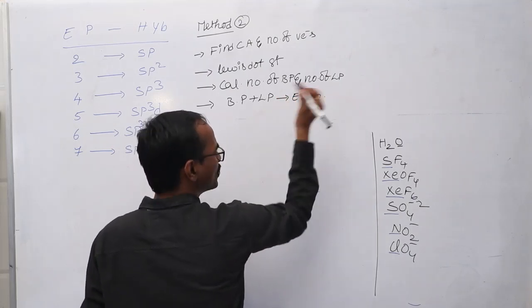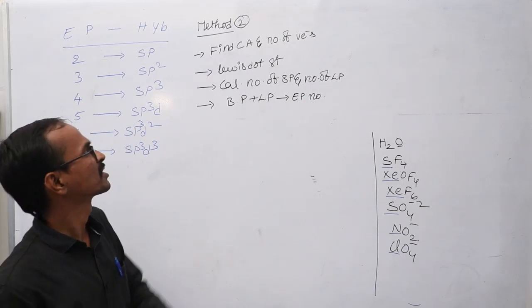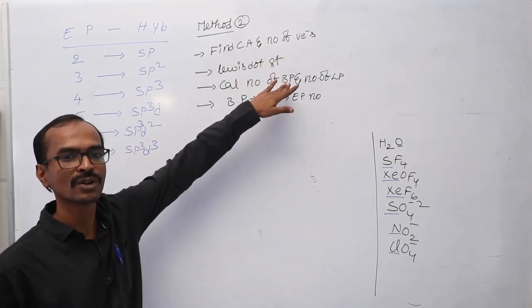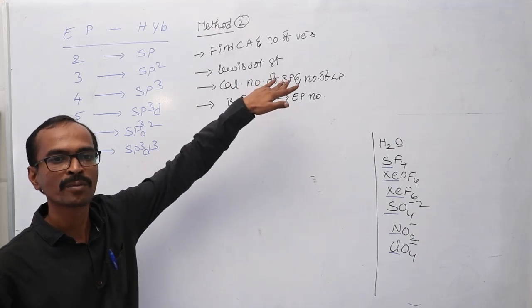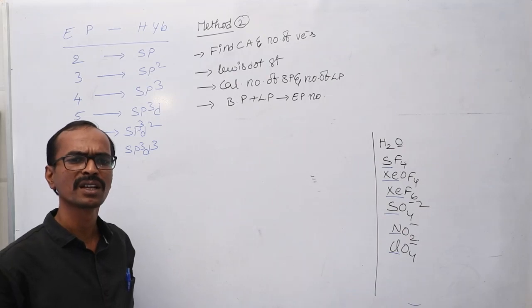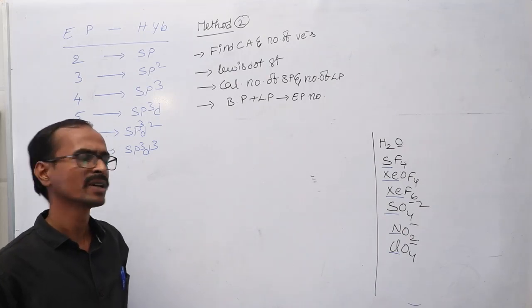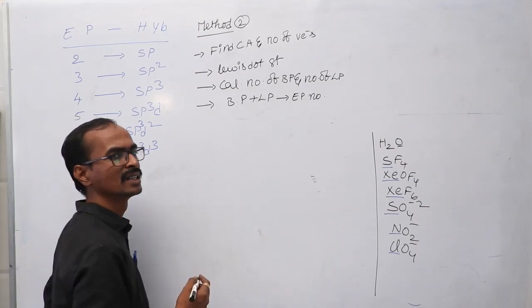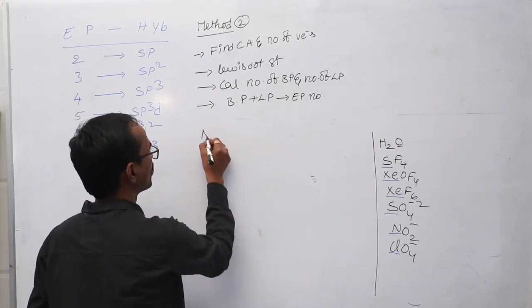Right? Simple. 4 steps. Central atom, find its valency electrons, draw the Lewis dot structures, calculate the bond pairs and lone pairs, and the sum of bond pairs and lone pairs will give the electron pair number. Based on that you will get the hybridization. Let us have 3 simple examples.